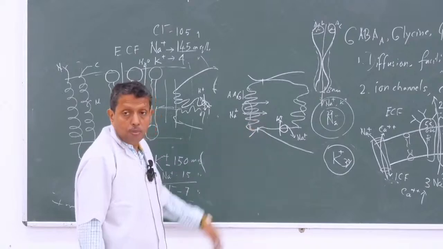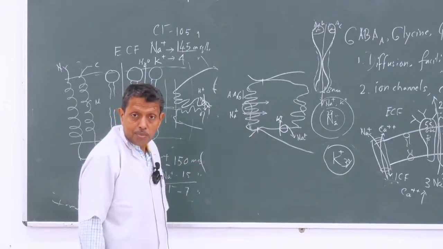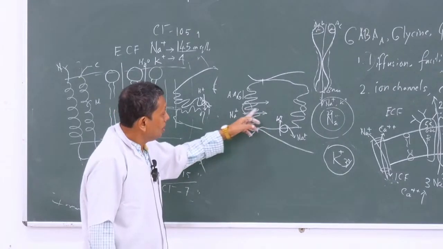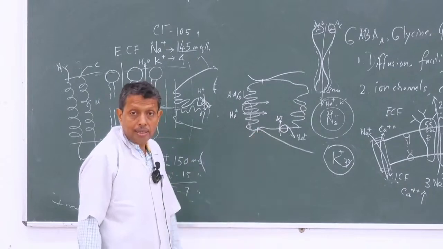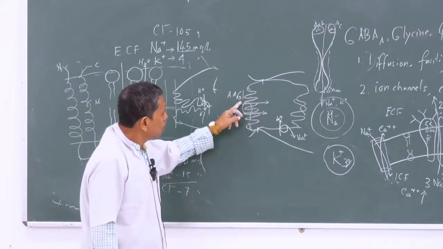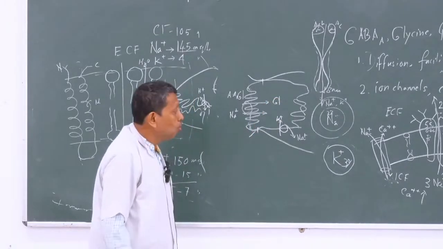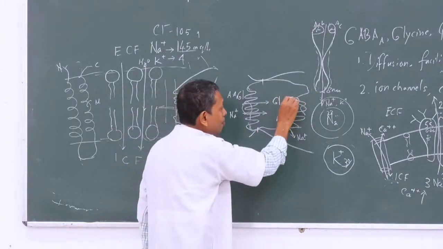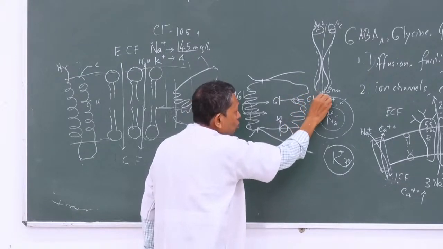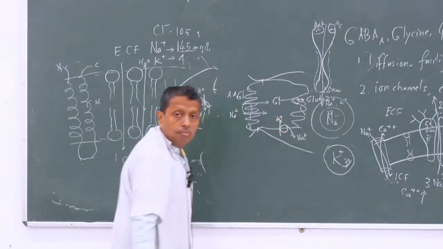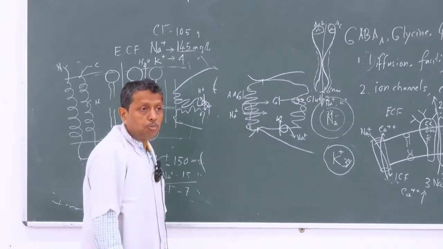Suppose the membrane potential is minus 50 millivolt, inside negative. At the same time, the concentration is 10 times higher on the outside, the luminal side. So sodium will enter, and it will bring glucose in. And glucose then exits by the transporter called GLUT2. So it is an example of secondary active transport.